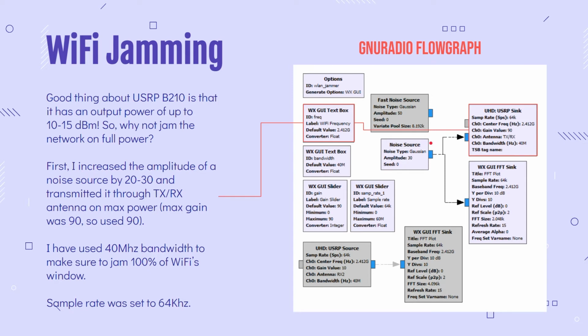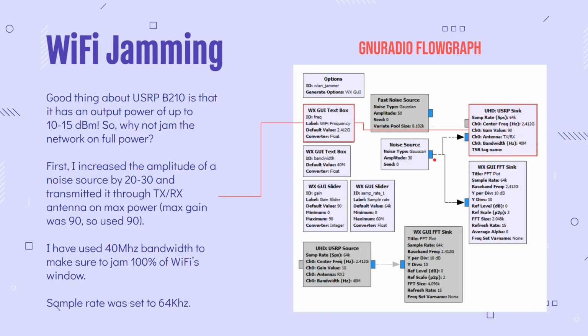I increase the amplitude of that noise source by 30, and then send that noise signal to USRP sink. I've also increased the gain value to 90, that's the max value for my USRP B210, and the center frequency is configured to the frequency of my Wi-Fi.